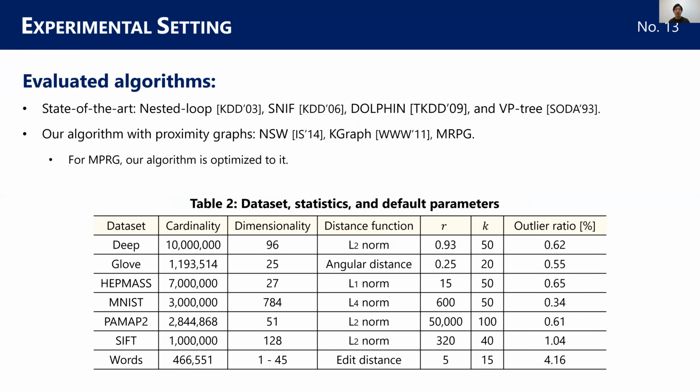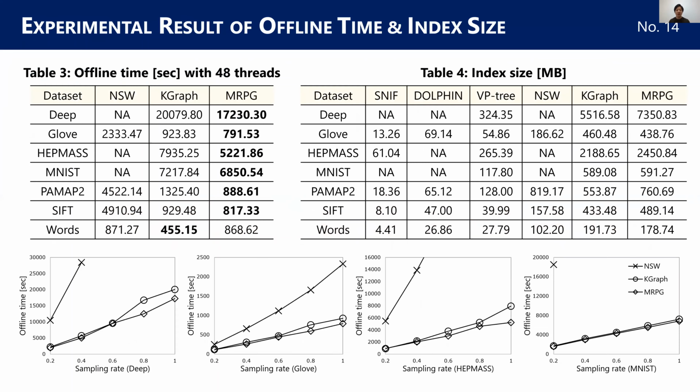Now let's move to our experimental results. We evaluated state-of-the-art DoD algorithms, our algorithms with state-of-the-art proximity graphs, and our algorithm with MRPG. We use 7 real data sets and 5 distance functions. This slide introduces the results of offline time and index size.